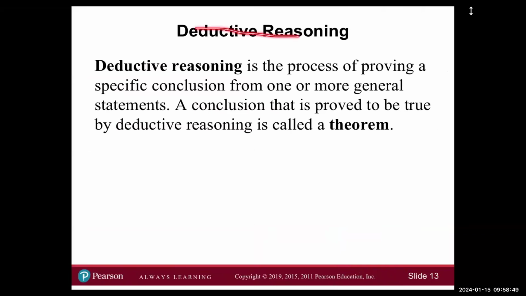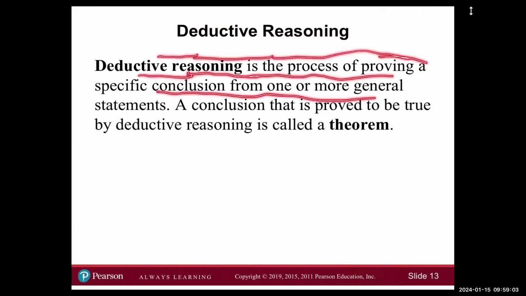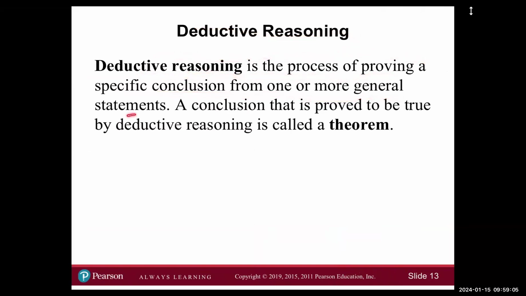Deductive reasoning is the process of providing a specific conclusion from one or more general statements. A conclusion that is proved true by deductive reasoning is called a theorem.